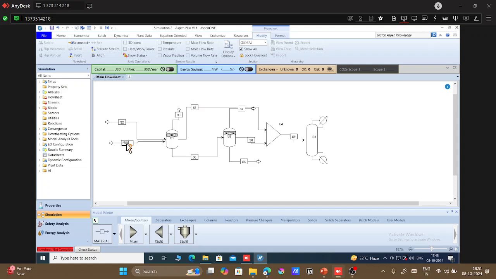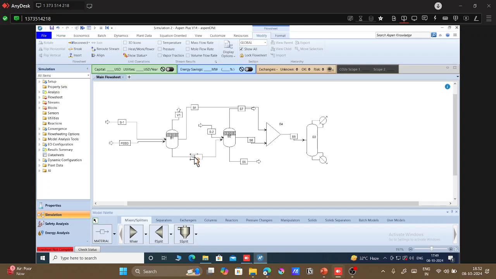So this is our feed. We have solvent 1, so I am saying it as S1. We will have solvent coming in the second flash also, so let's call it S2, solvent 2. From flash 1 we will have vapor 1.